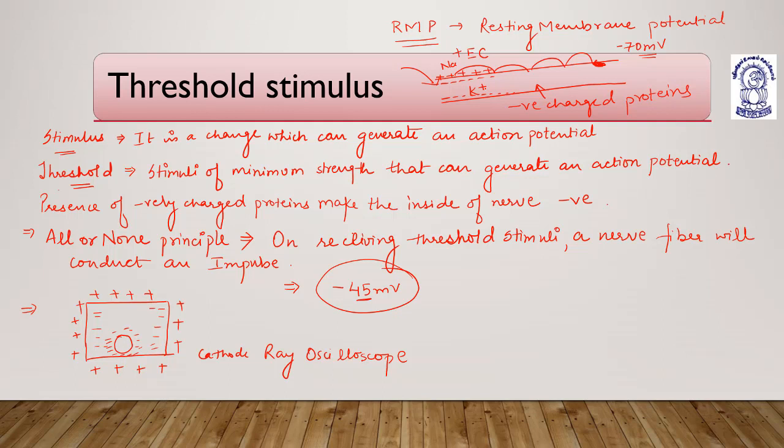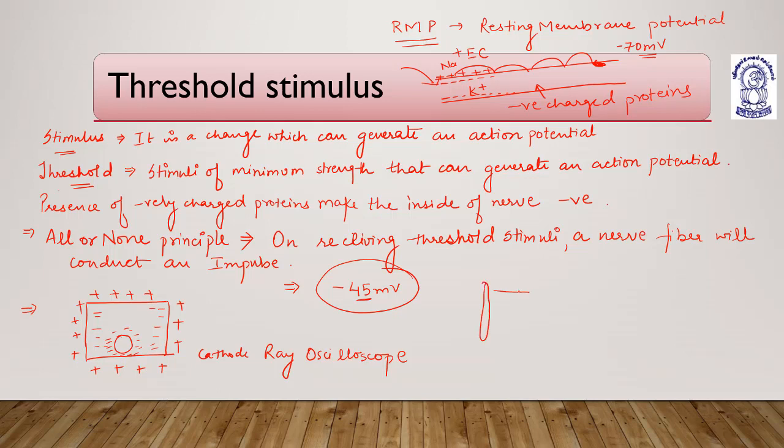The nerve cell has a resting membrane potential of minus 70 millivolts, as I have already told you. The potassium ions are more inside, and sodium ions are more outside. Now, the process of leak channels is like this.